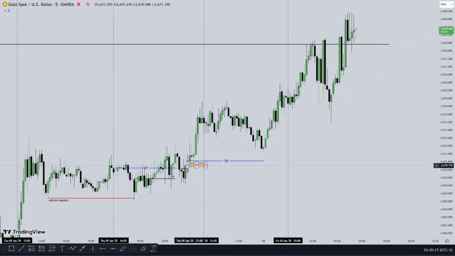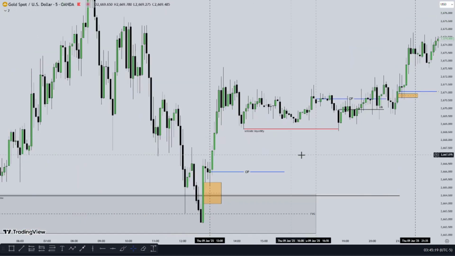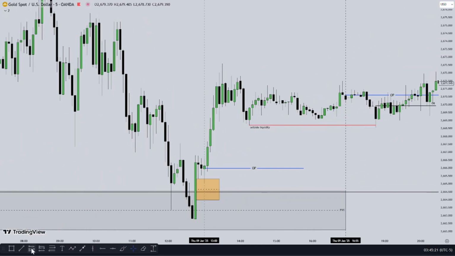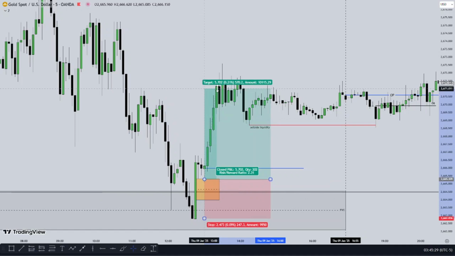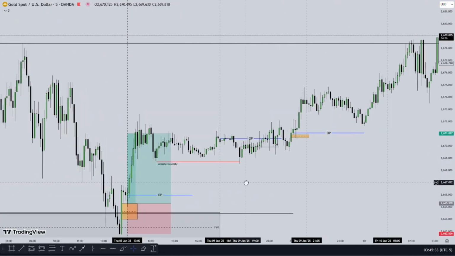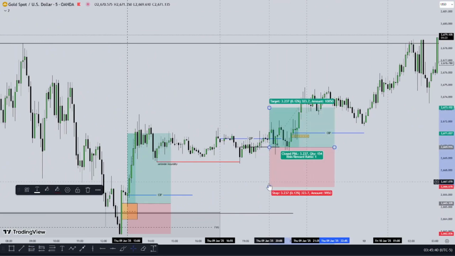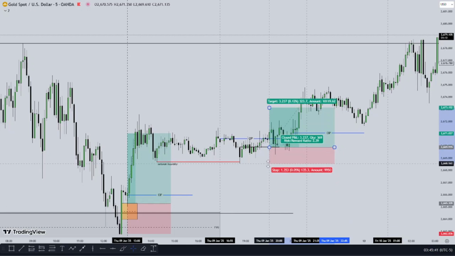Now if I place the position tools on all the trades we took, this was the first trade, looking for price to trade to the high. Here's the second trade from this order block, looking for price to trade to the CRT high.